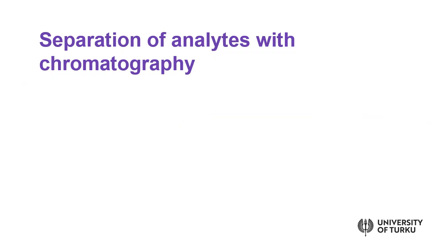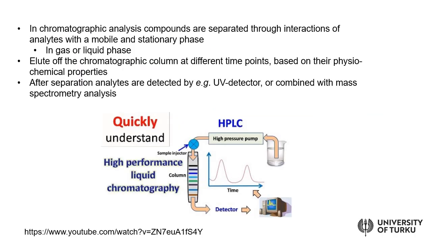So first of all, separation of analytes with chromatography. I'm sure that all of you have encountered the definitions and the principles of chromatographic separation already earlier, but just to remind, in chromatographic analysis, the compounds are separated based on interactions of analytes in your sample with the mobile and stationary phase in your analysis.